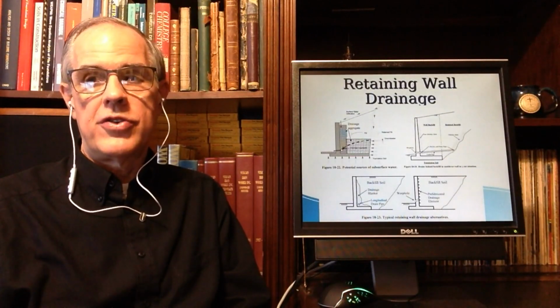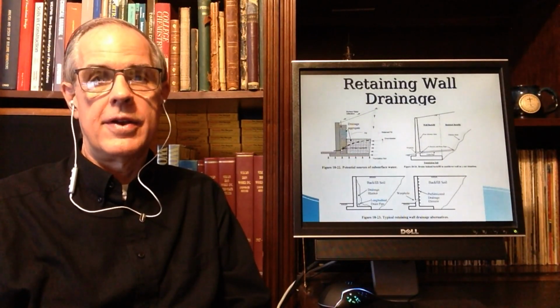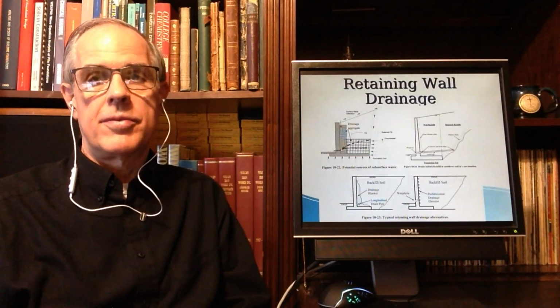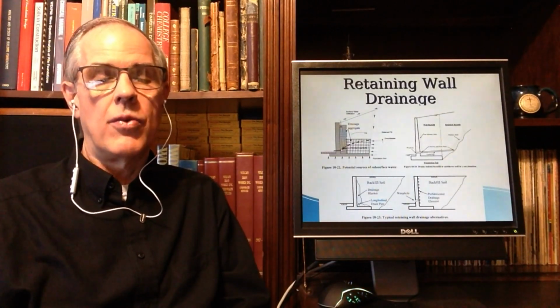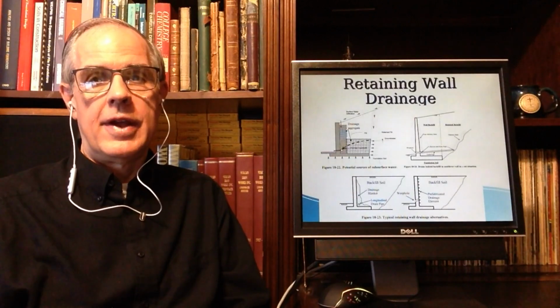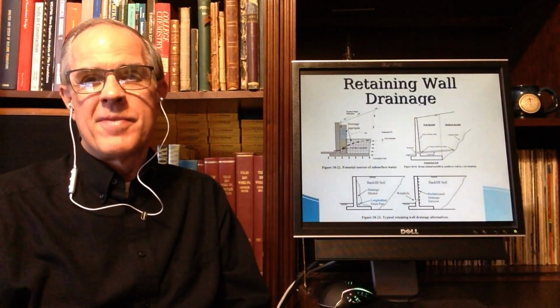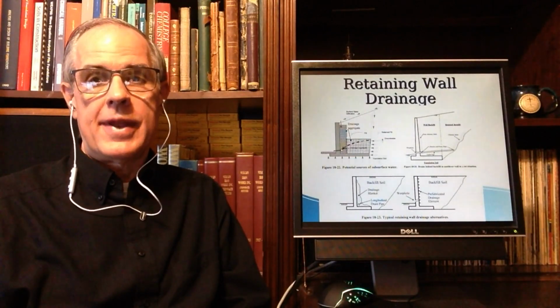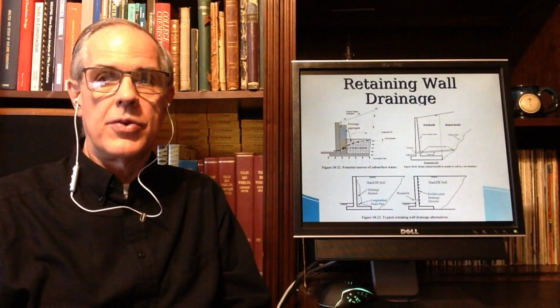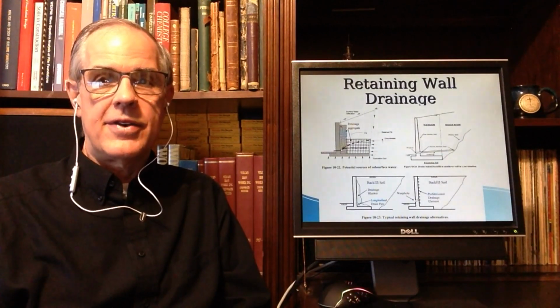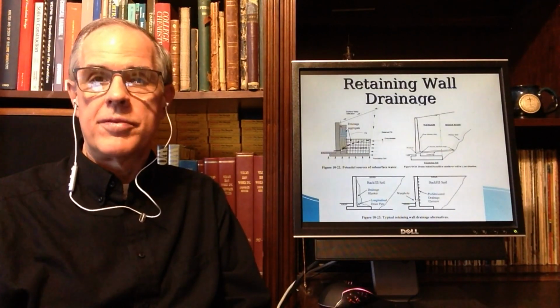A good drainage system should never be neglected with any retaining wall system. One way or the other, the water has to be gotten rid of, and it needs to be gotten rid of in a reasonable fashion, because what you're basically doing with any retaining wall is creating a discontinuity in the elevation.